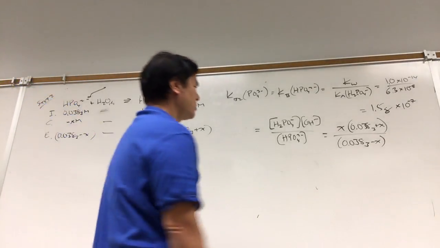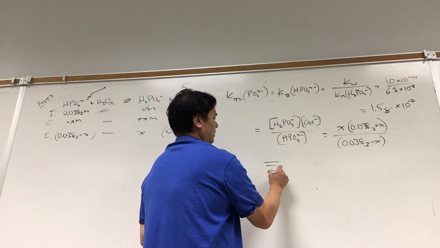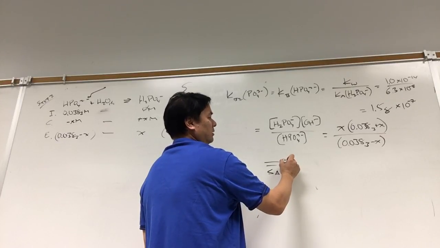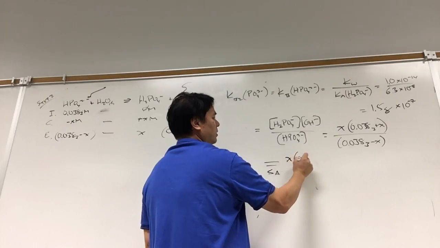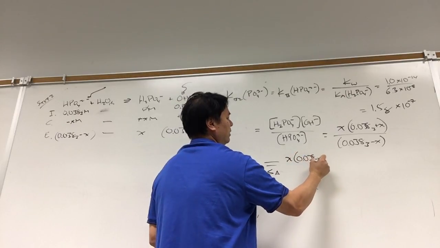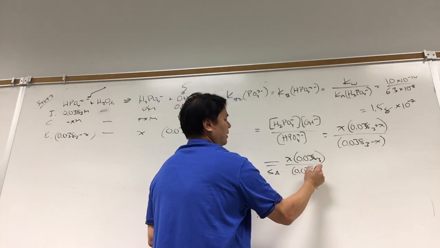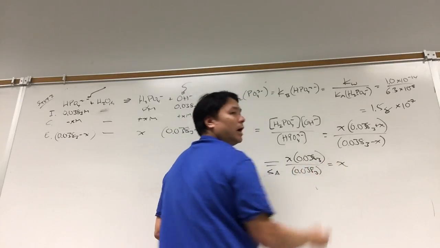We'll try the simplifying assumption. If we use the simplifying assumption, then that is just the x times 0.0383 divided by 0.0383, which is just equal to x.